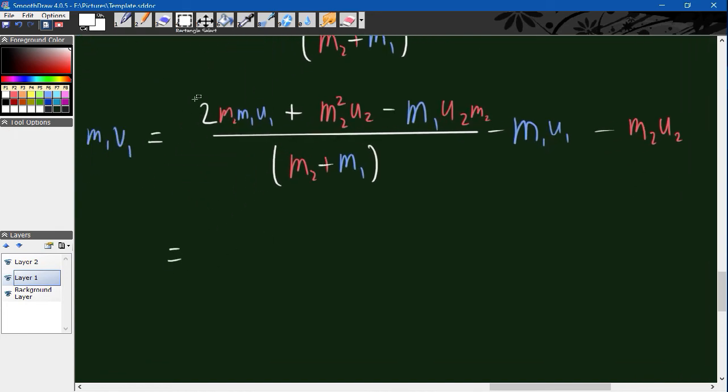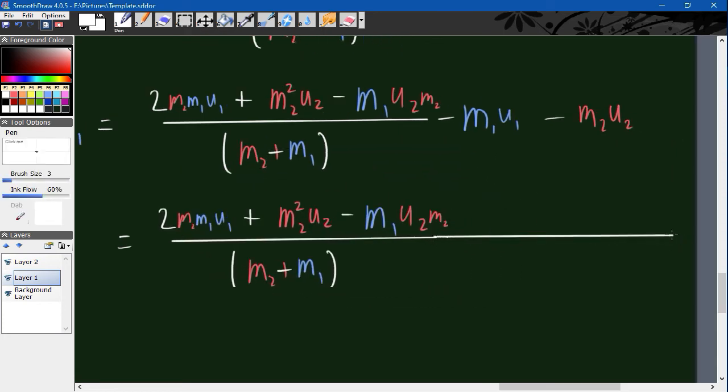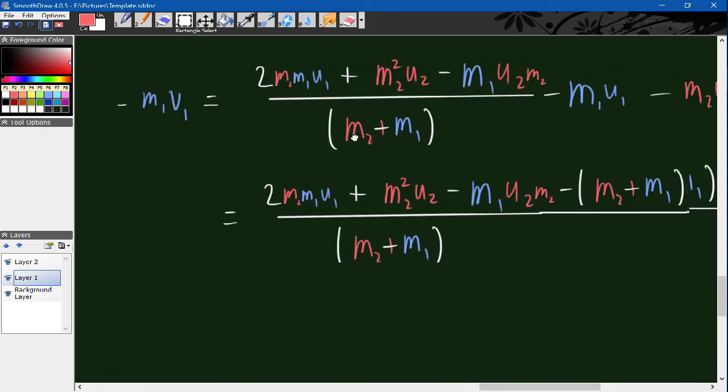It's gonna be this, divide that, minus. Right, we just multiplied this to these so we could have it under one denominator.